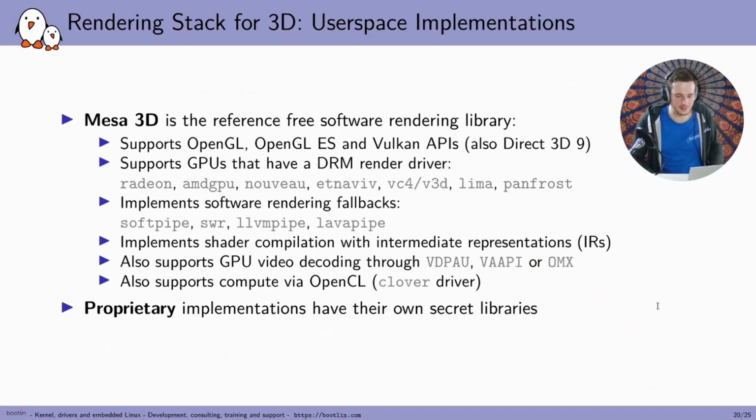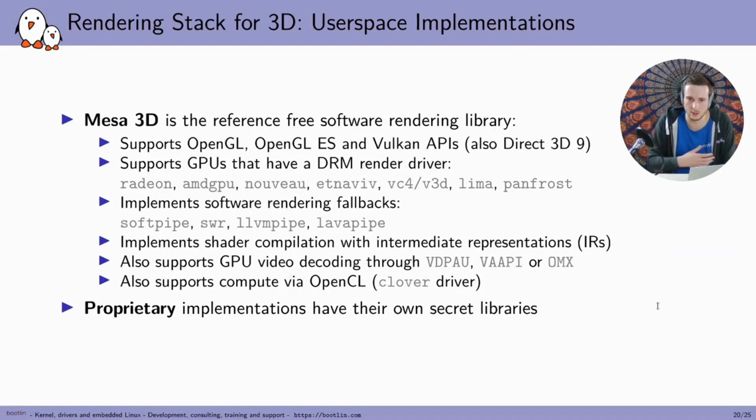Talking about this library that compiles the shaders, this is the Userspace implementation for the rendering stack. Before, I've only mentioned the APIs, but these APIs are implemented by specific 3D Userspace implementations. The free software one is called Mesa 3D, and it's really the reference.